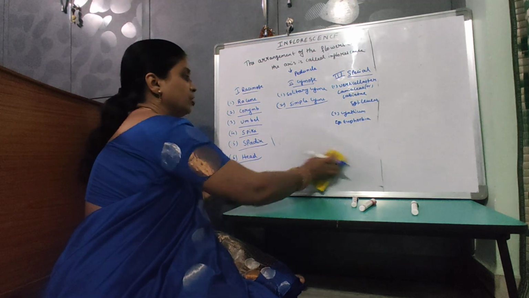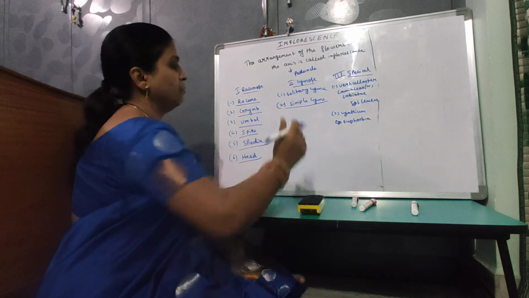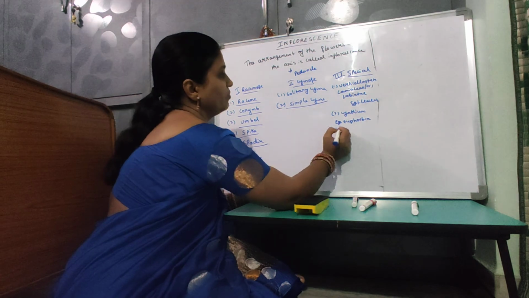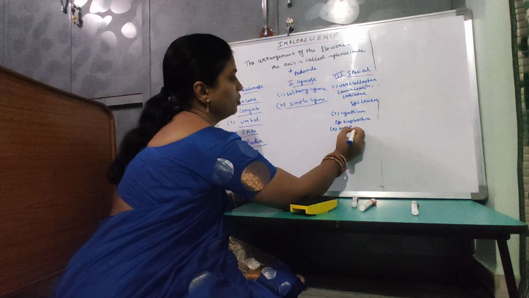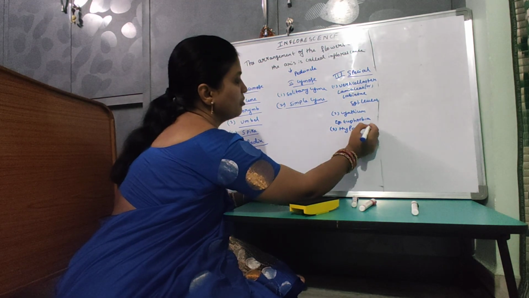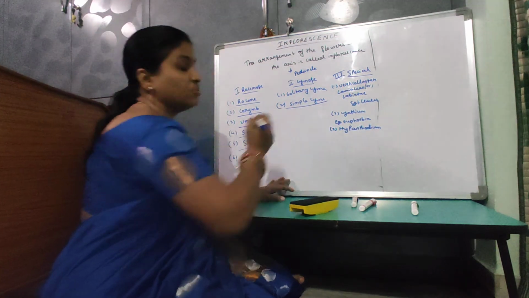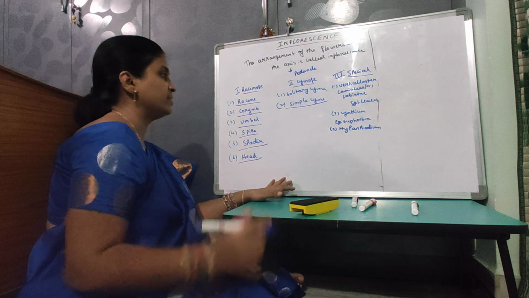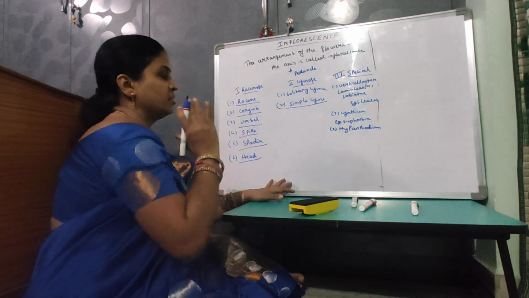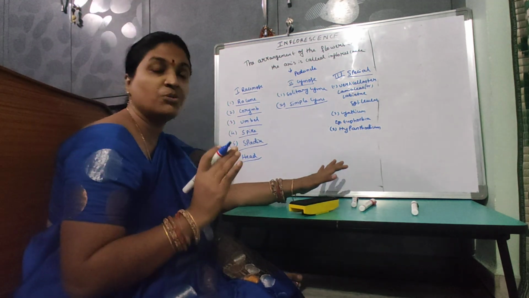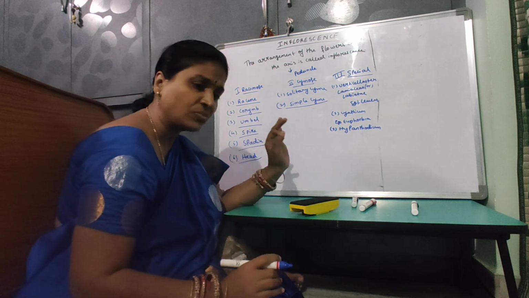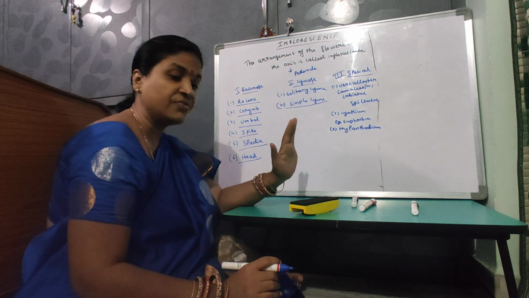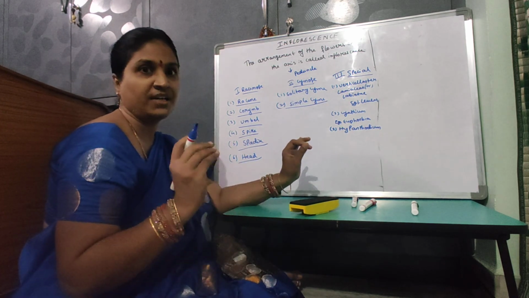Then coming on to the third type, hypanthodium. This is also a special type of inflorescence where the arrangement of the flowers is irregular. Here also unisexual flowers are present. This hypanthodium is a characteristic feature of Ficus, fig.